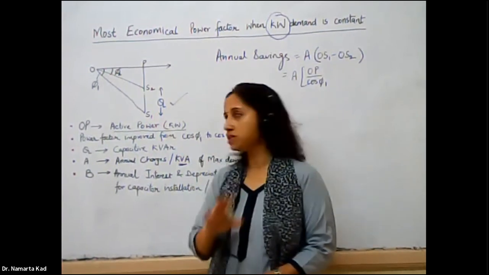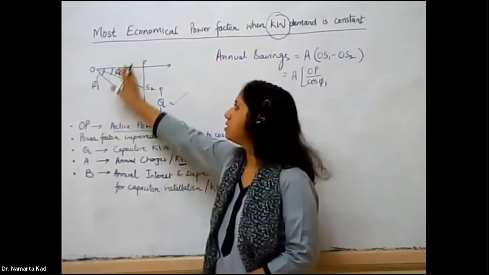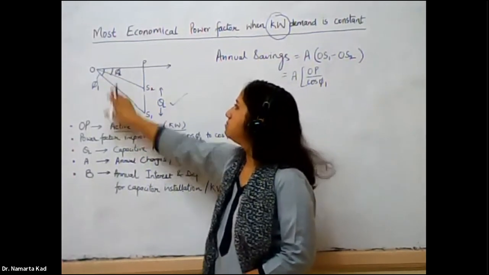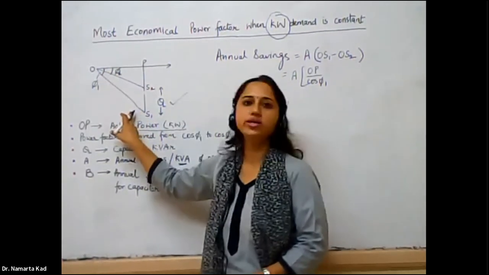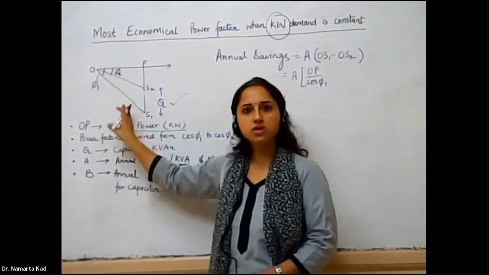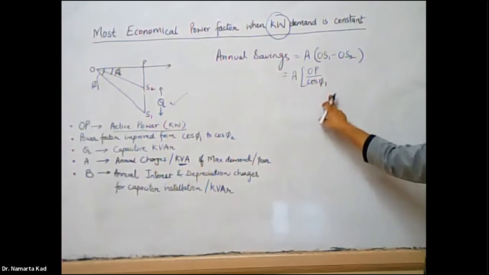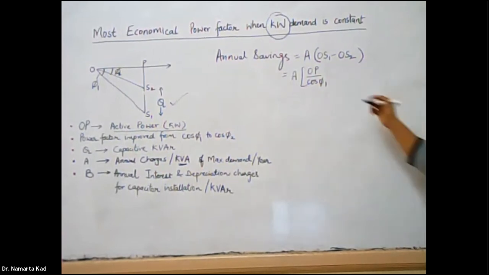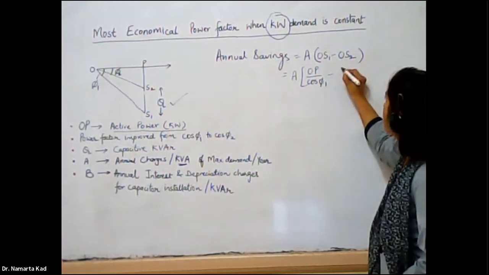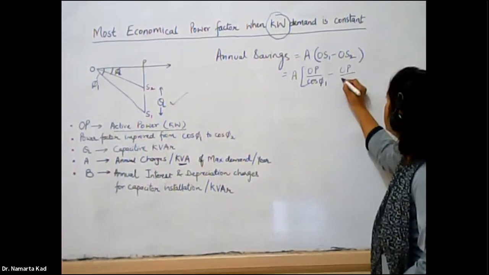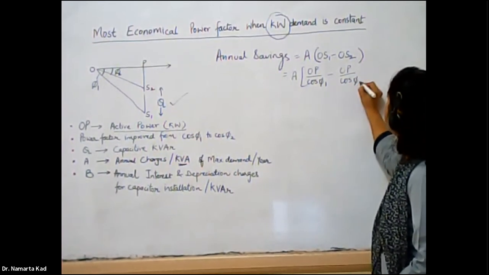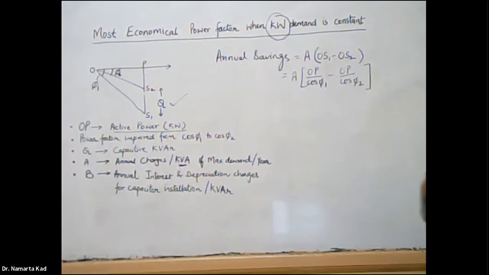If you apply the cos formula here, it becomes OP divided by OS1. So OS1 comes out to be OP divided by cos of phi 1, and similarly OS2 can be written as OP divided by cos of phi 2, like this.